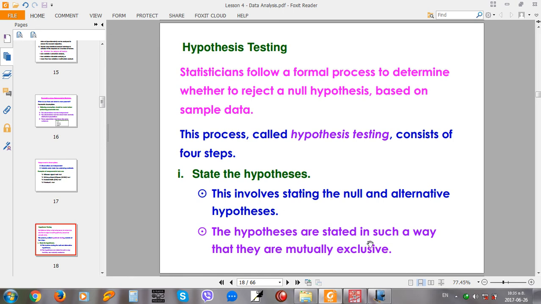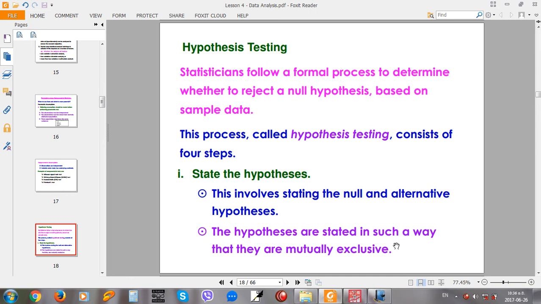The hypotheses are stated in such a way that they are mutually exclusive. I think you know what mutually exclusive means: when thinking about sets, it means there is no intersection between the two sets. Suppose we represent a null hypothesis this way: there is no significant difference between two groups.